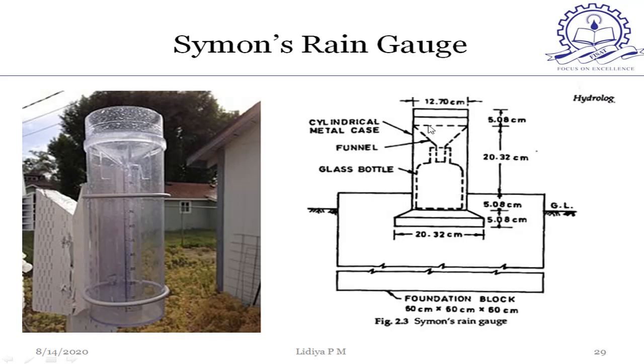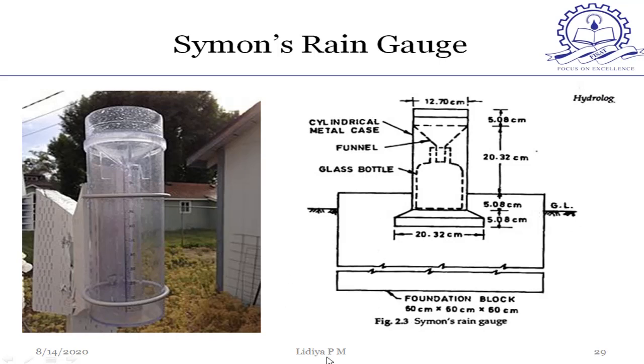At the top, a funnel is fixed which is provided with a brass ring. The shank of the funnel is inserted in a glass bottle which is placed in the case. The funnel and the bottle are placed in this case. The case is placed on a foundation block, normally a masonry or concrete block.